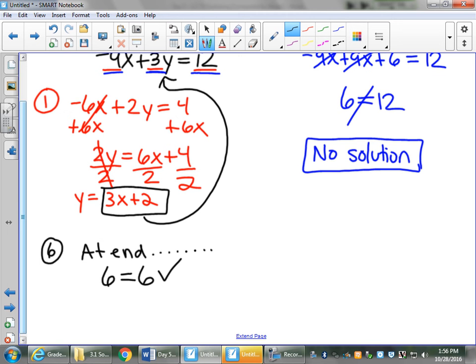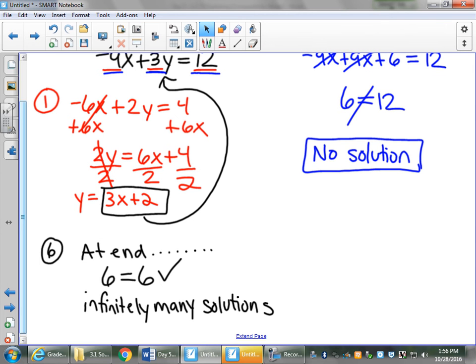When 6 does equal 6 and your variables cancel out, that's when you would have infinitely many solutions. So when solving algebraically, if your variables cancel, they're gone to 0x or 0y, that's when you're going to have one of the special cases, either no solution or infinitely many.